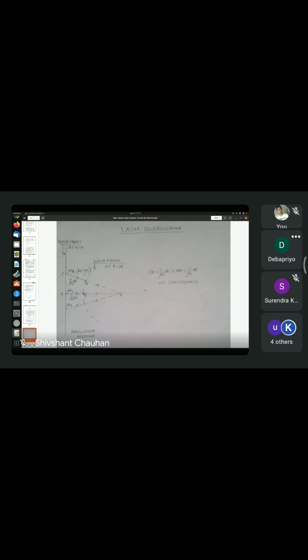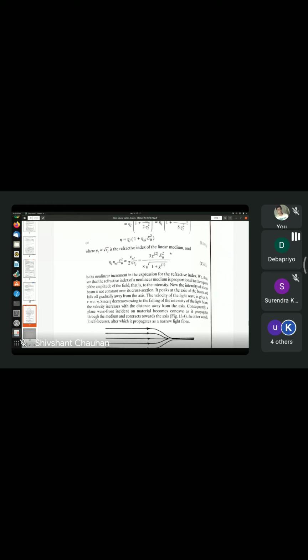And in the lower portion, let's go back to the pages of the book. Yes, here. So in the lower portion of this page, come to equation 13.42. They are giving you an expression for the focal length, the length within the medium over which focusing is occurring.